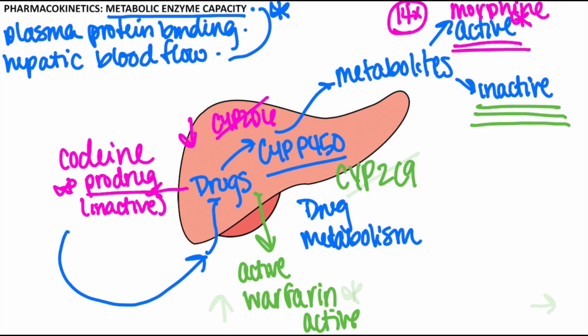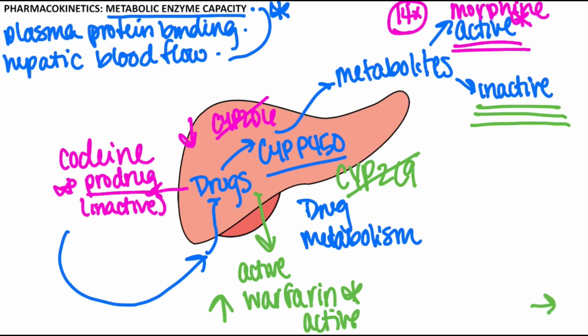However, in the setting of liver damage or dysfunction, warfarin will not be metabolized as well, and more warfarin will hang around for longer, leading to a patient who is supra-anticoagulated and at a significant risk of bleeding. These are two ways in which reduced liver function can affect metabolic enzyme capacity in the liver and a drug's pharmacokinetics. So moving on to the next slide.